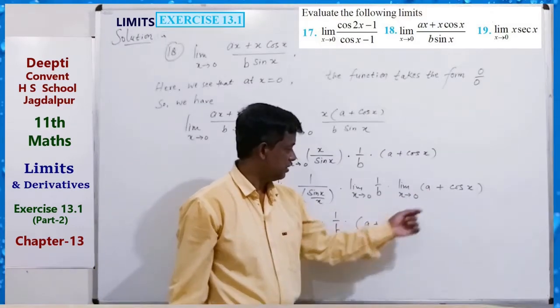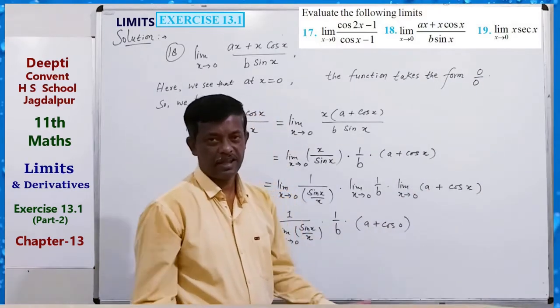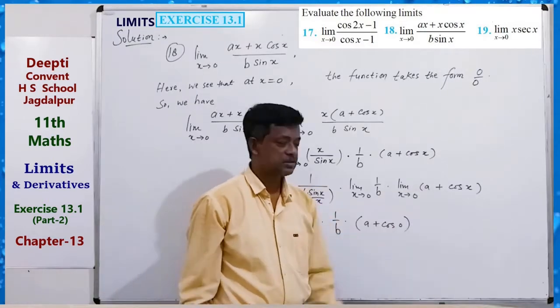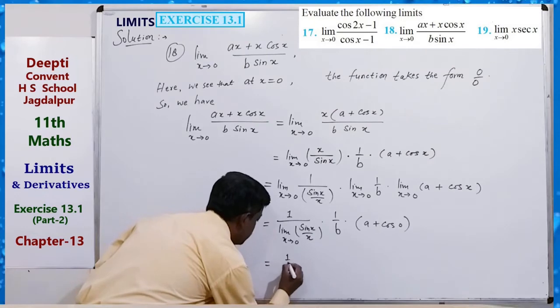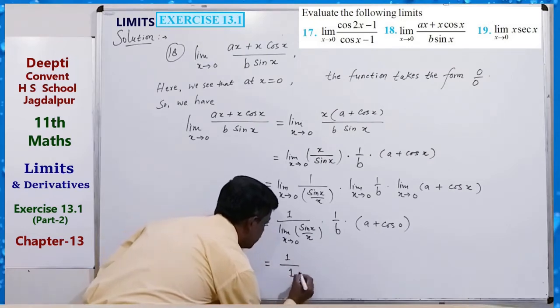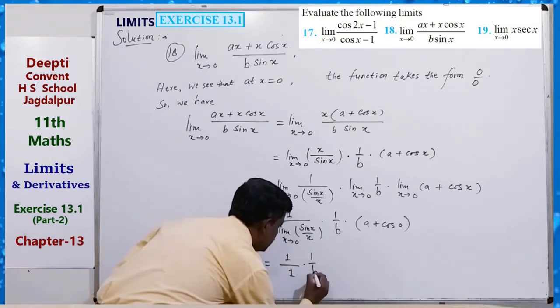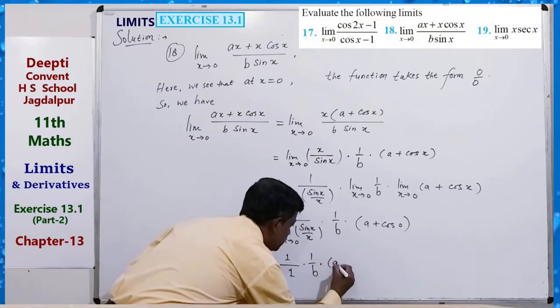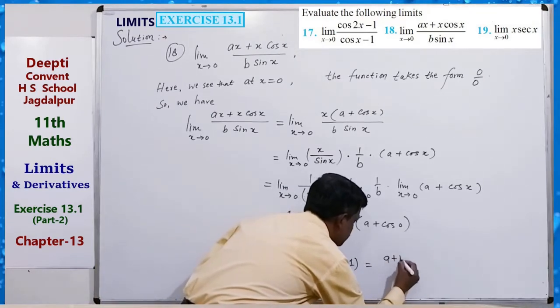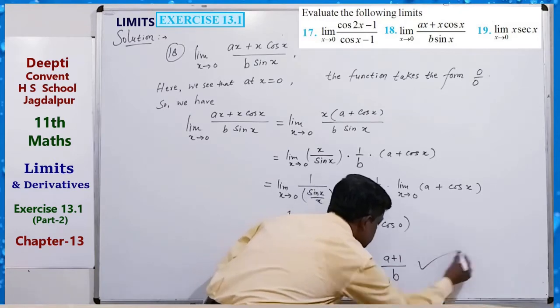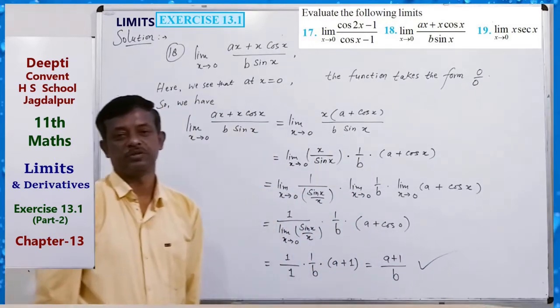So limit of a is a, and limit of cos x is cos 0, that is 1. So 1 upon 1 into 1 upon b into a plus 1. So the limit is a plus 1 upon b.